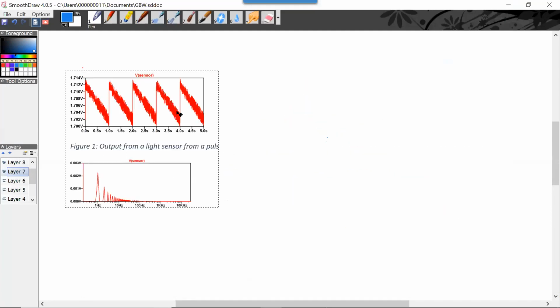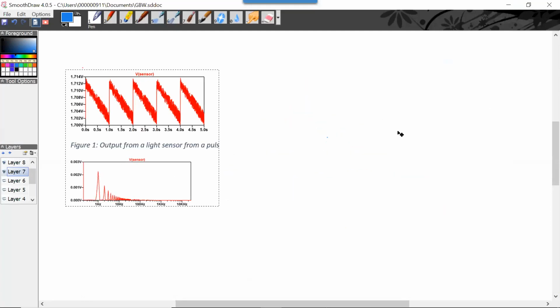So let's talk a little bit about bandwidth again. And what this is, is an electrical signal coming out of a sensor that's measuring basically you have your finger, right?